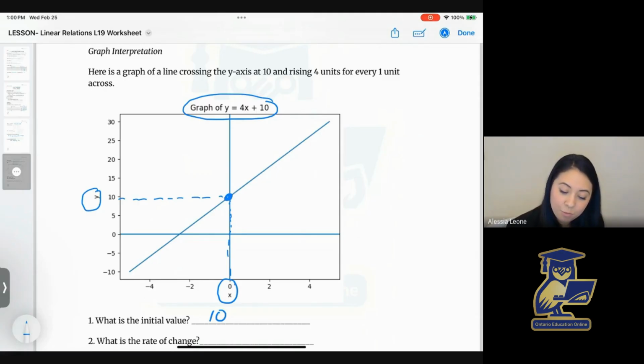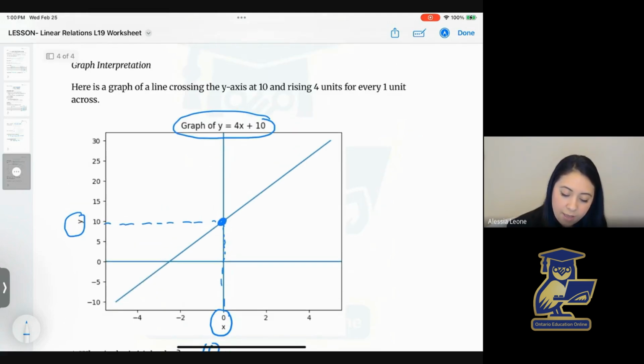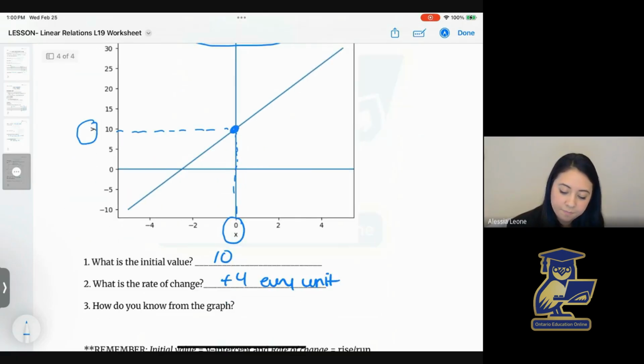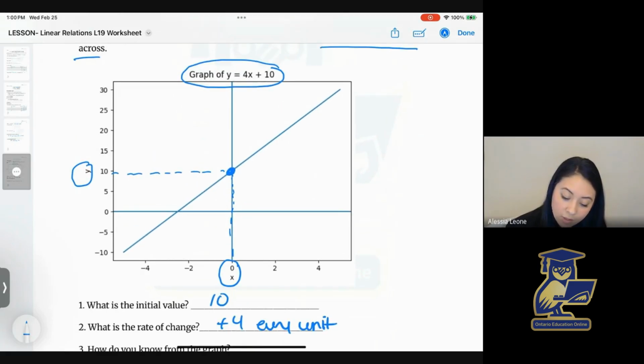And what is the rate of change? Our rate of change, it's going up by 4 every unit. And we got that from our word problem. It's going up 4 units for every unit across. That's our rate of change. How do we know from the graph? We can look at this.